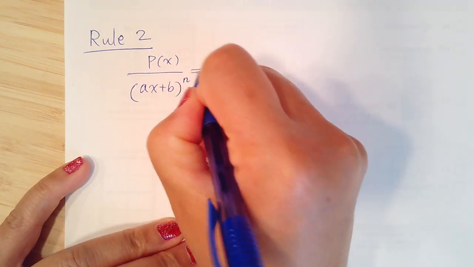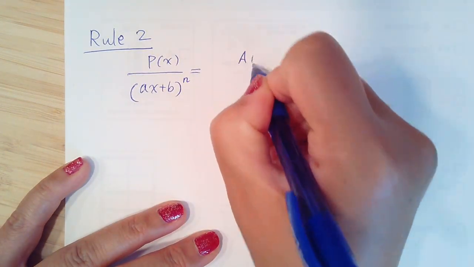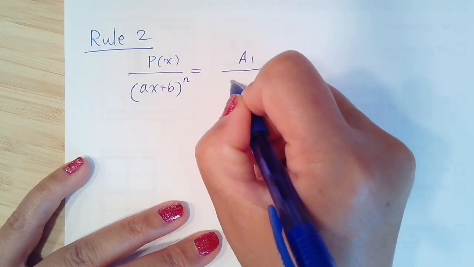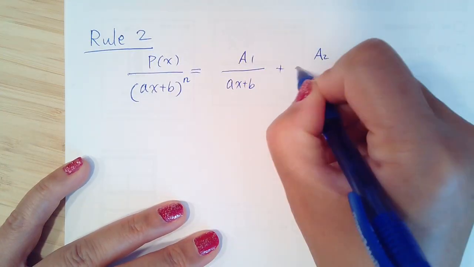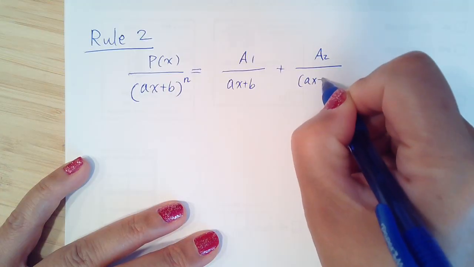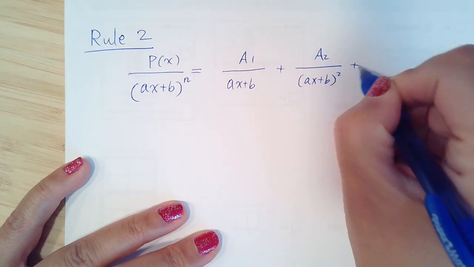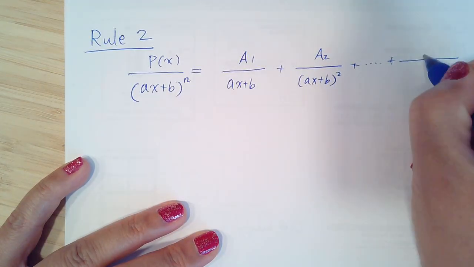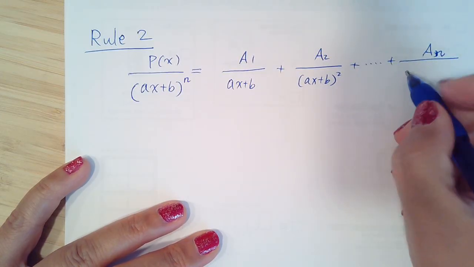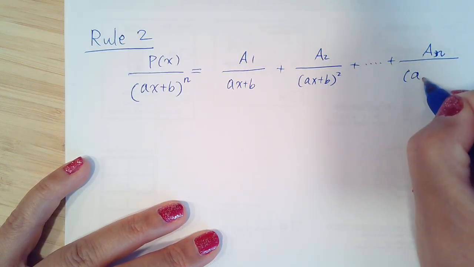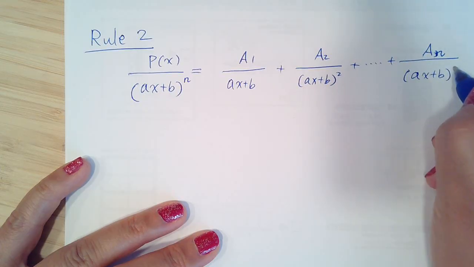That would be, you can break that into a1 times ax plus b, and a2 with ax plus b squared, and all the way to another one, which is a n, and here is ax plus b to the nth.